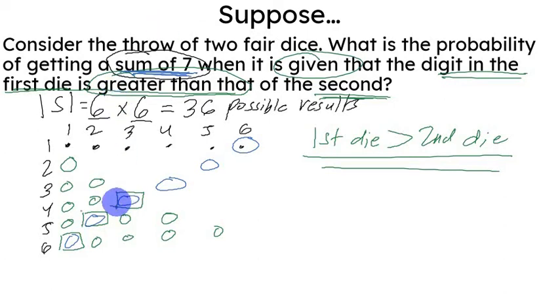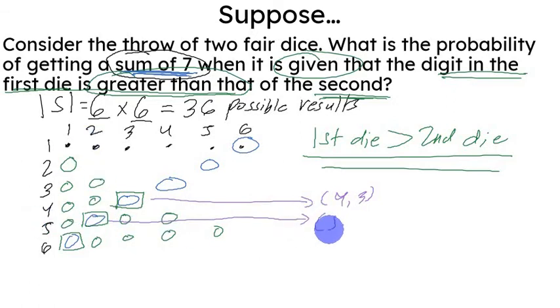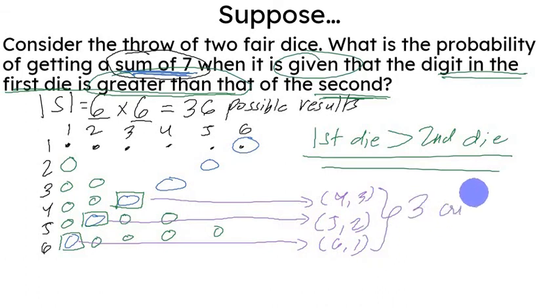This one is actually 4, 3. Then this one is 5, 2. And this one is 6 and 1. So we have a total of three possible outcomes that will get a sum of 7, provided the first die is greater than the second one.